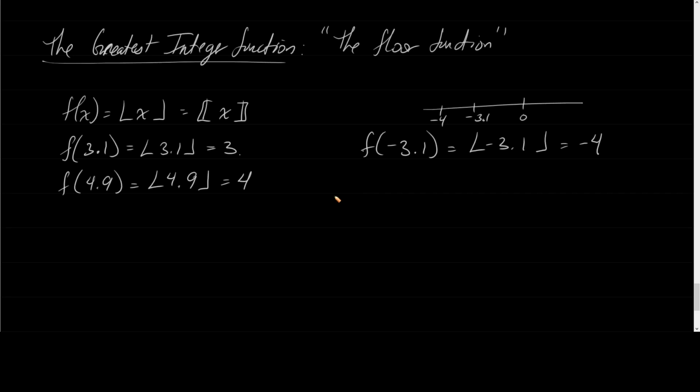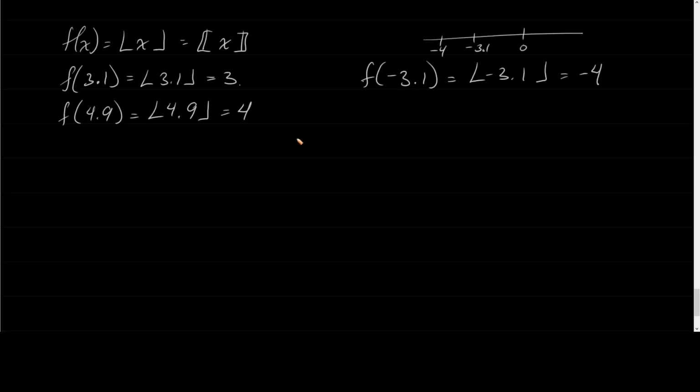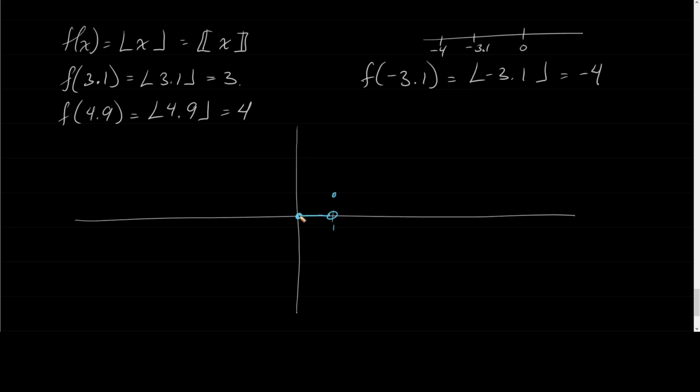Now, what does this actually look like? It looks something like this. All the values between 0 and 1 get rounded down to 0. All the values between 1 and 2 get rounded down to 1.